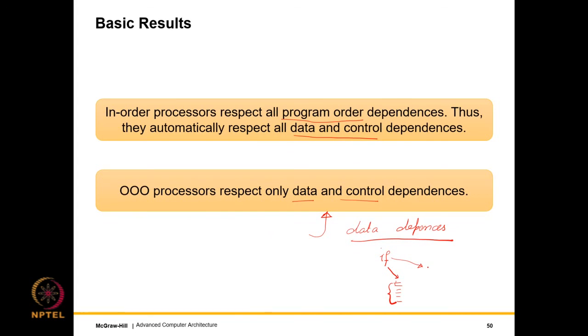And if that is fine, we don't do anything because we have anyway predicted it correctly. So in a certain sense, this data dependence is broken. But of course, control dependencies, which basically means that we need to always follow the correct path, all processors need to do, both in order as well as out of order.